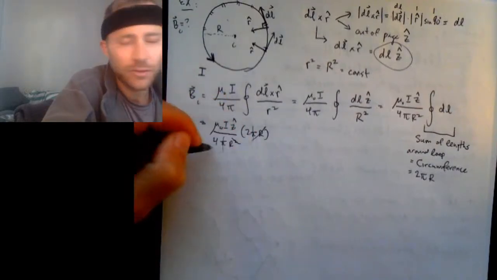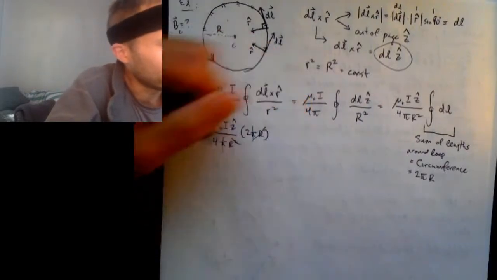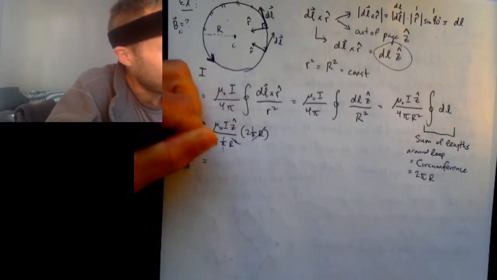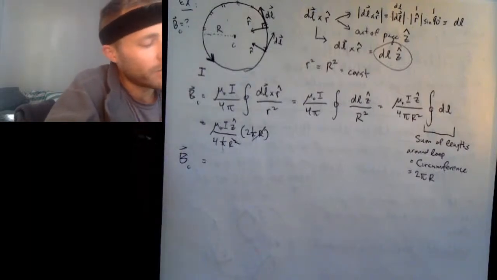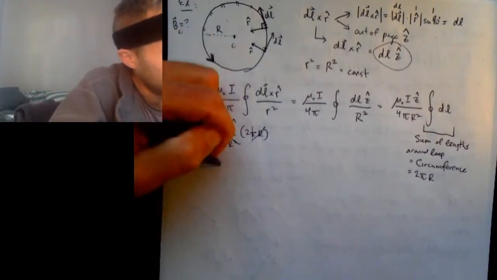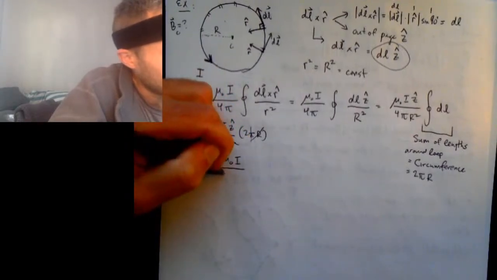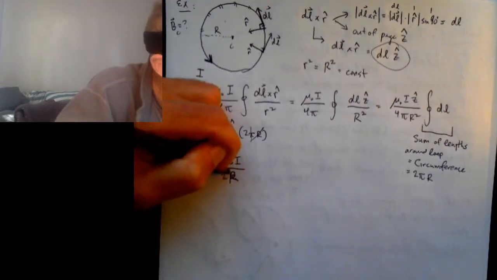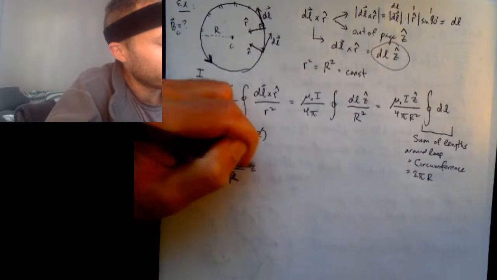The 2 and the 4 partially cancel. And so what we get is that the magnetic field at the center of the circle is mu naught I over 2 pi r. Oh wait, 2r, excuse me, times z hat.